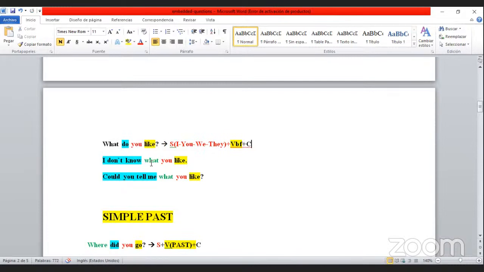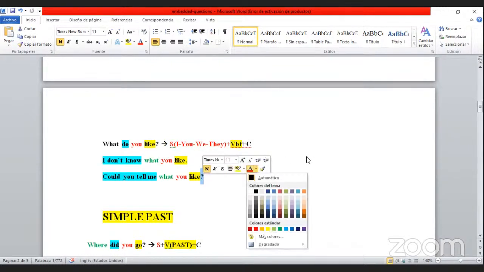I don't know what you like. What, my subject, and my verb in base form. Or maybe, could you tell me what you like? So this is with a subject, so I only put a period. And if I use an auxiliary, I use a question mark here. Okay, this is in present.